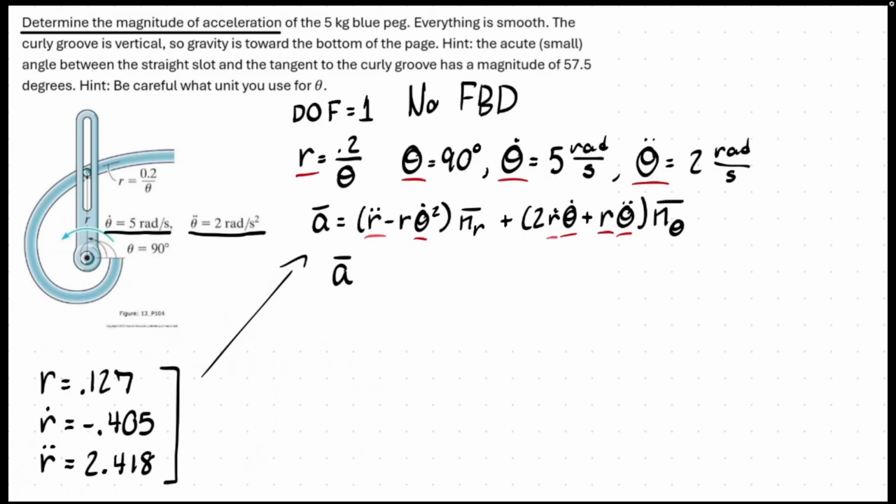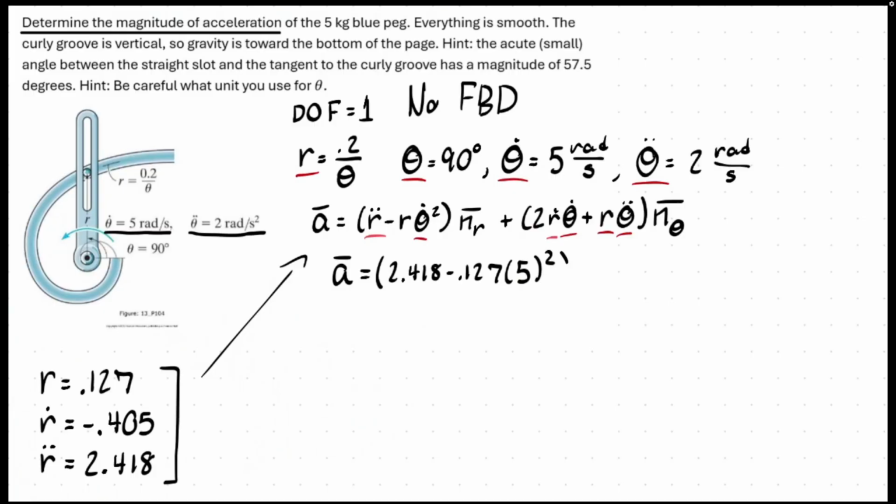The rest is algebra. So it's going to be r double dot, which we determined was 2.418, minus r, which was 0.127, times our theta dot term, which was given as 5.